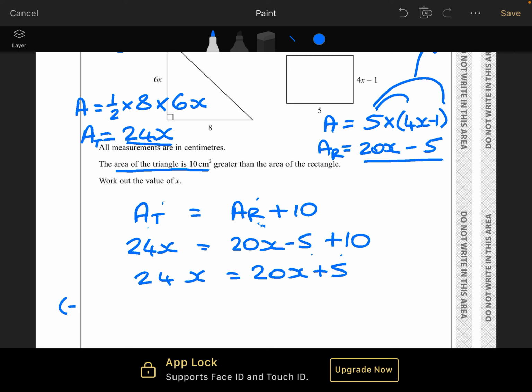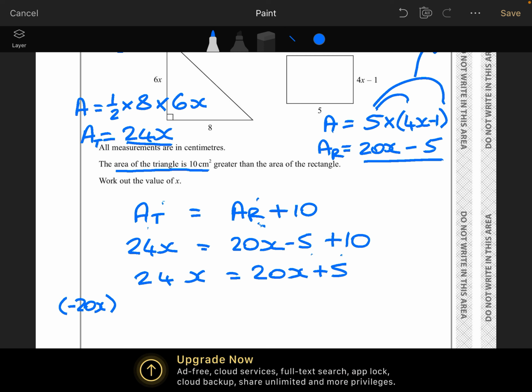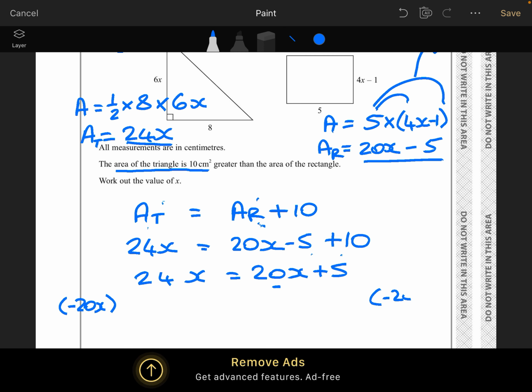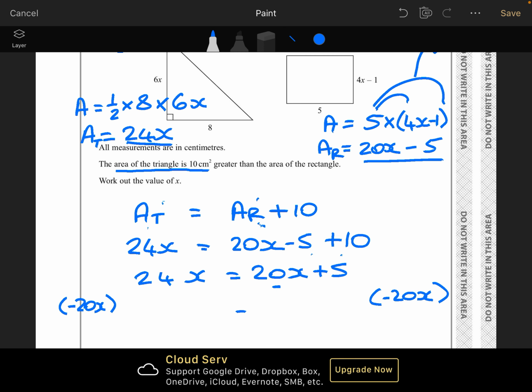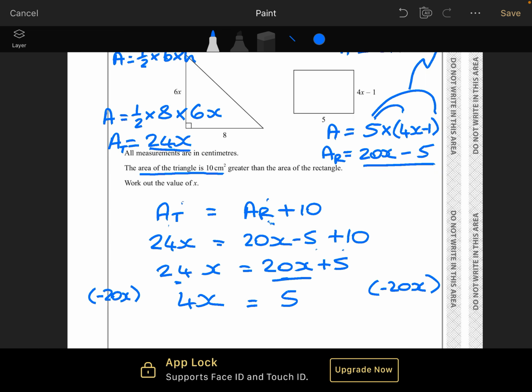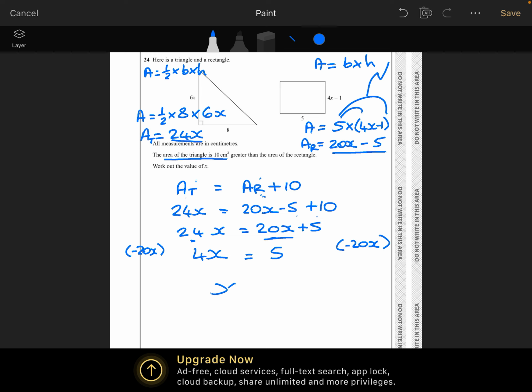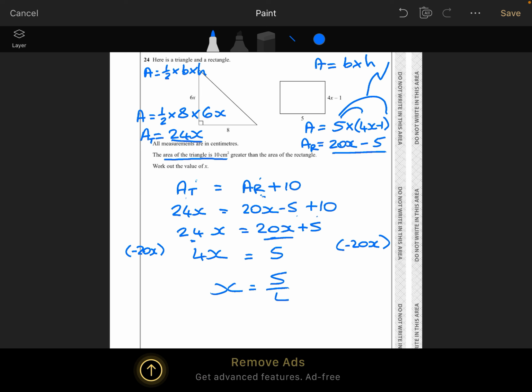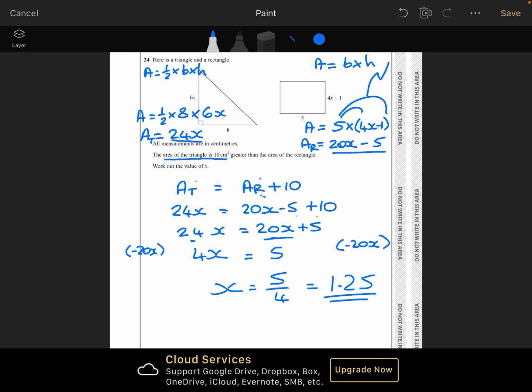That means I've got to take 20x off both sides, so minus 20x on both sides. 20x on the right hand side will disappear, so we're left with just 5, and 24 minus 20 is 4x, so 4x is equal to 5, so x is equal to 5 over 4, which is 1.25.